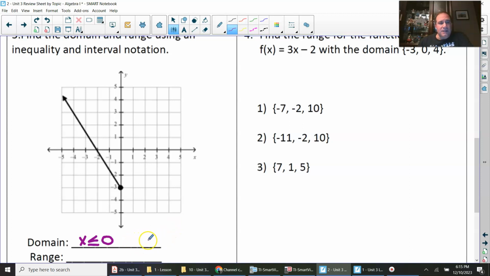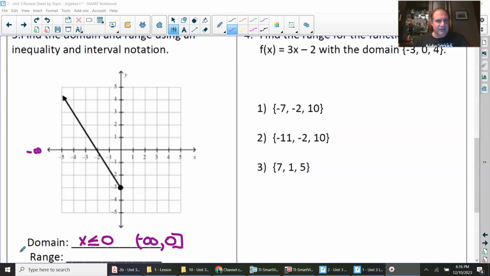The interval notation would be, again, going in this direction, a -infinity. So that's what I'm going to put, -infinity in parentheses, and then a bracket on the 0, I'm sorry, since it is included.